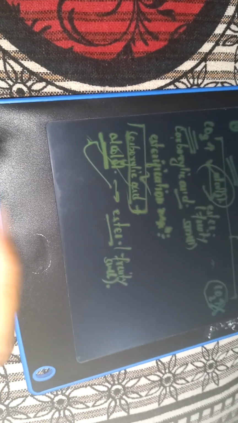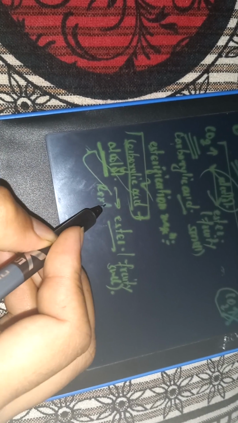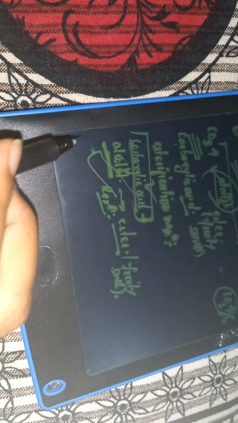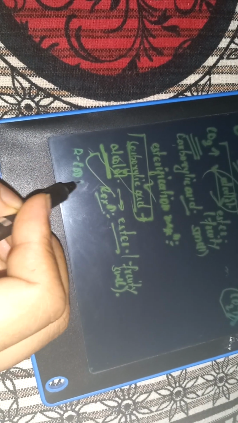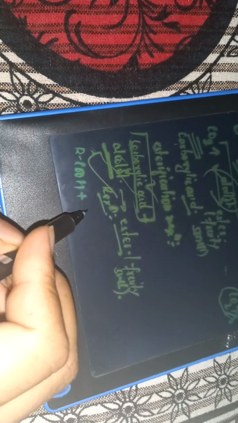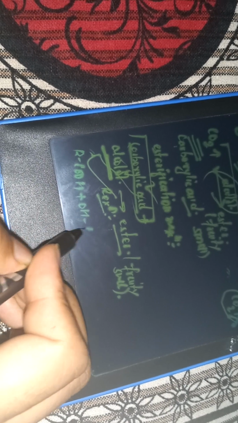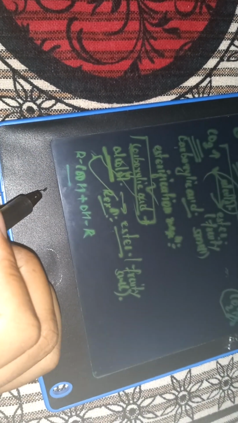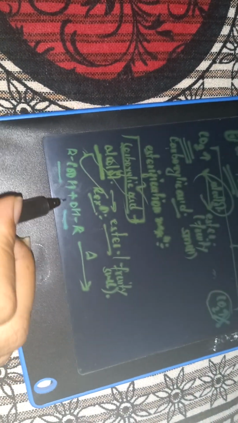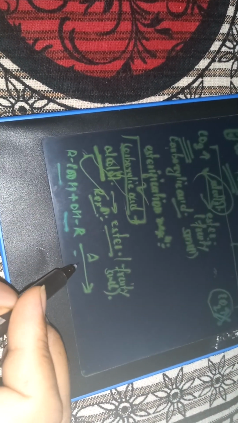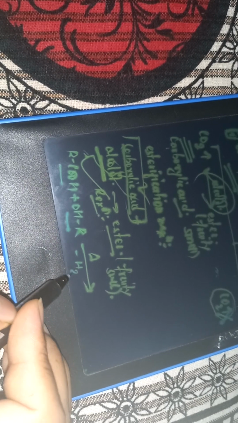Let's see, if you were told to write the reaction, what would you write? The reaction of esterification: R-COOH plus R-OH. This is the carboxylic acid, this is the alcohol. Then if you heat it, you take out H2O. Why?